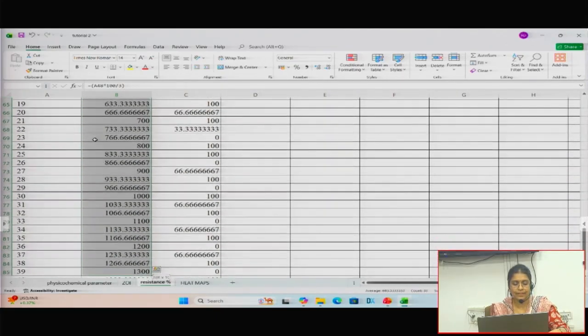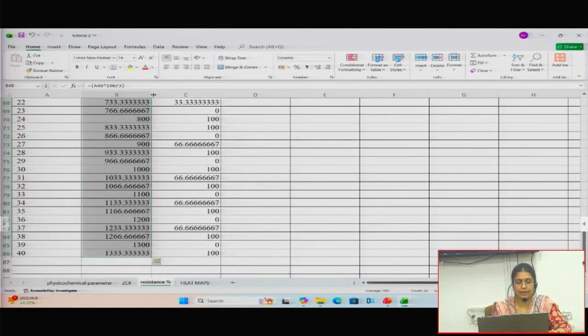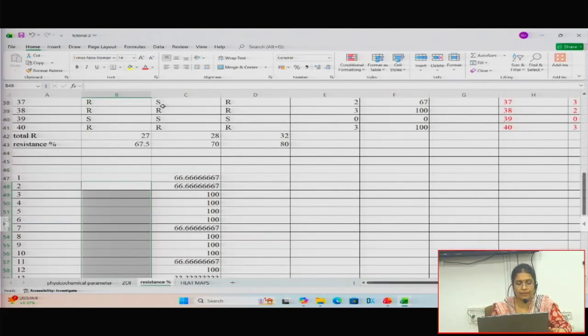Just take down all those percentage R values and then make a bar diagram and then get the values. Alright? How much did you get? How is it looking?